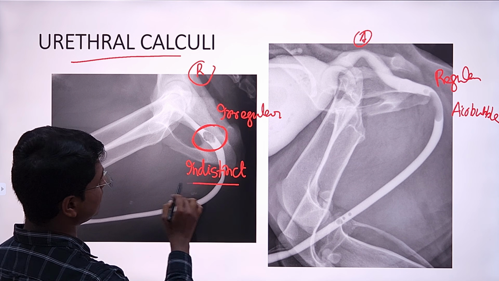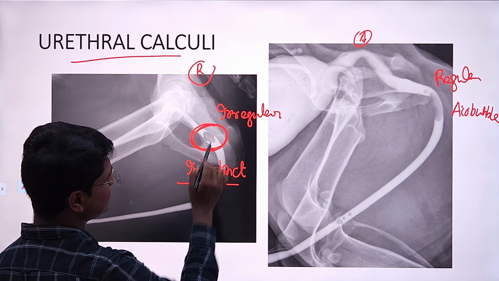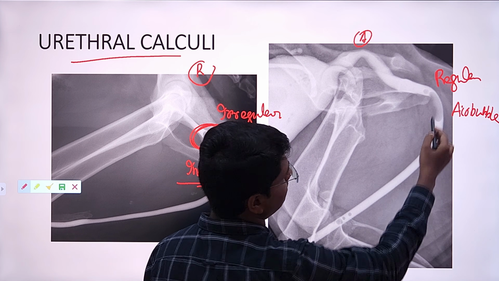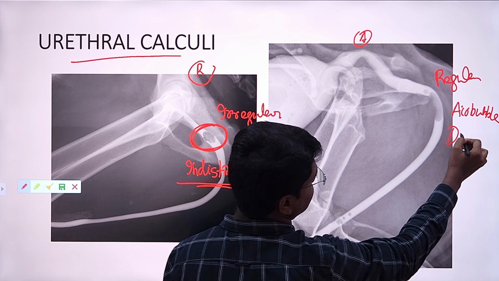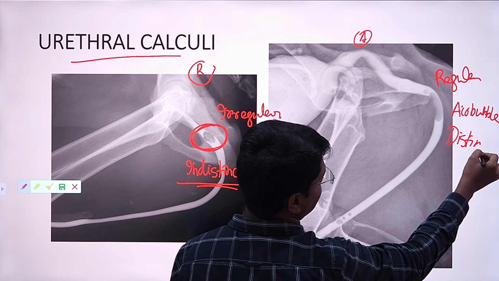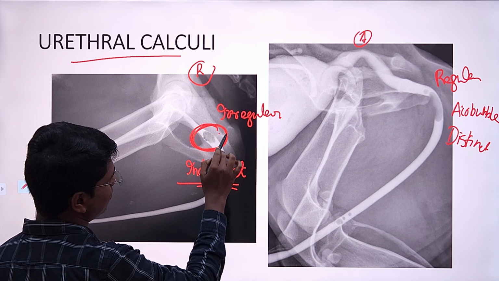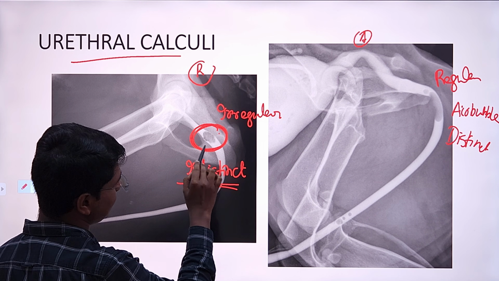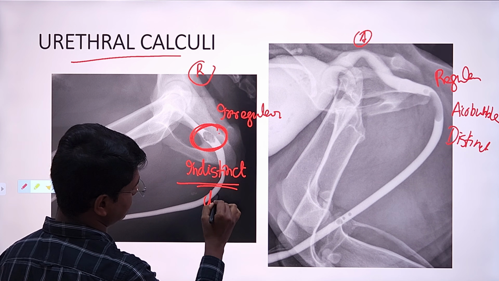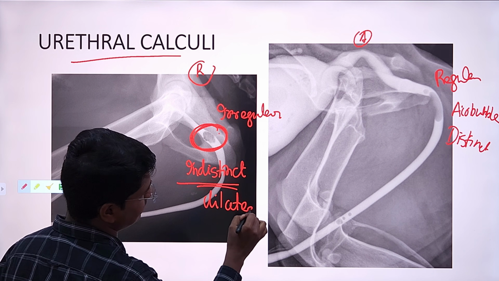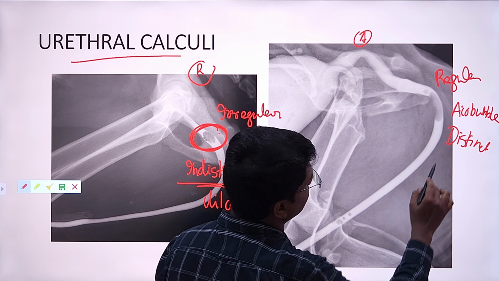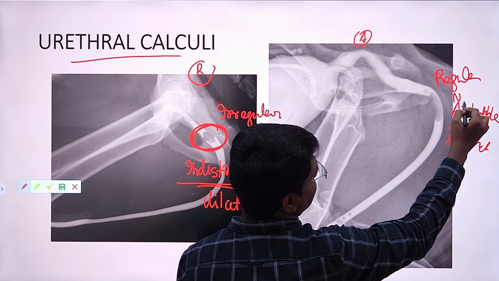Here the margins are indistinct, but here the margins are very much distinct. Next, where calculi are present, the urethra is usually dilated, but look at this, the urethra is not dilated.